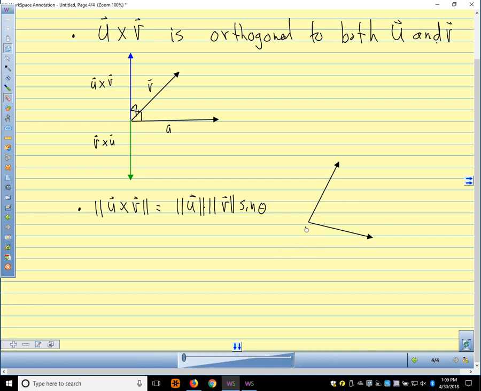U dot V was the magnitude of U times the magnitude of V times the cosine of the angle between them. So the cross product has to do with the sine of the angle between them. Orthogonal is the word we use for perpendicular when we're talking about vectors. If you talk about a vector in relation to a surface, the word you use for perpendicular is normal.